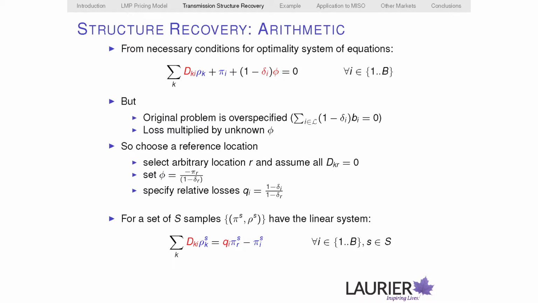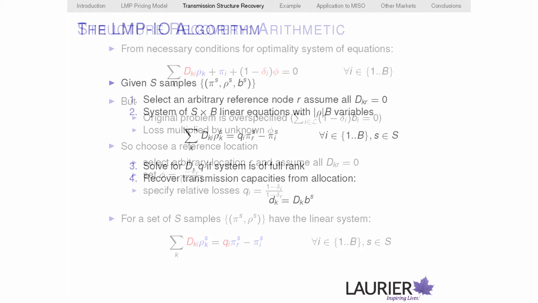So using that, we can build this set of linear equations where we've got the locational utilizations and these relative losses, and the only information that's required is both the LMPs and the transmission prices. Okay. So then we've got that system.